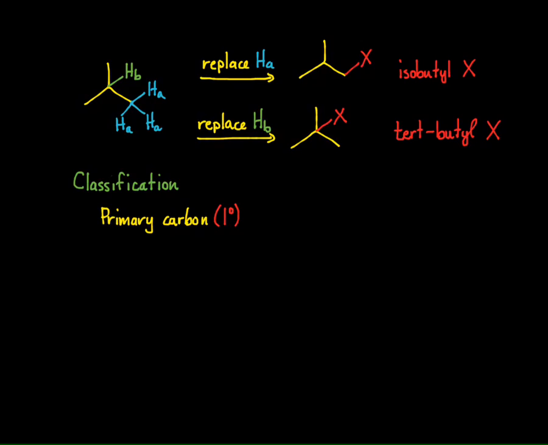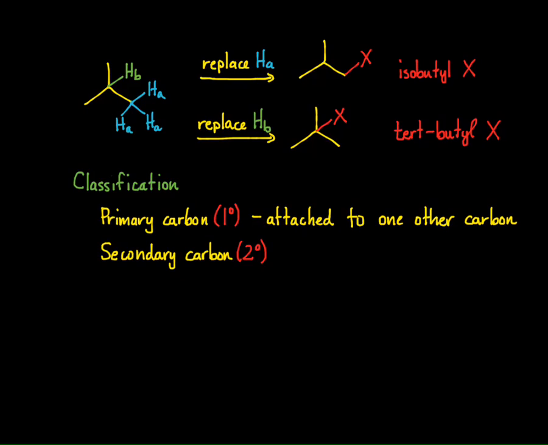So whenever you see 1 and a degree, that means a primary carbon. Now a primary carbon is a carbon that is attached to one other carbon. It may be attached to another substituent like an OH group or a halogen, but if it's attached to one other carbon, then that particular carbon is called a primary carbon.